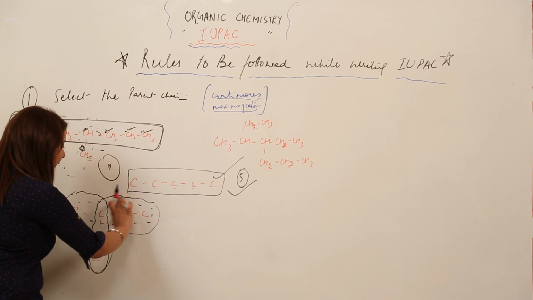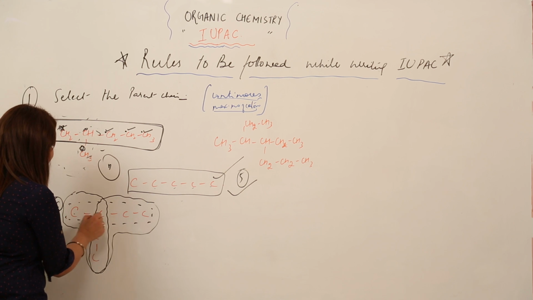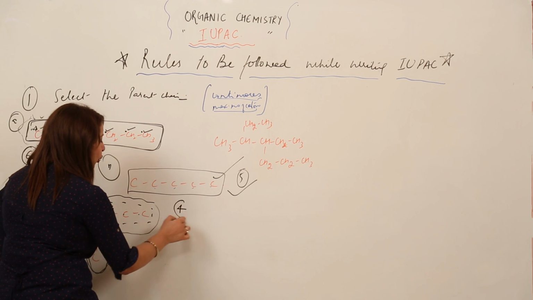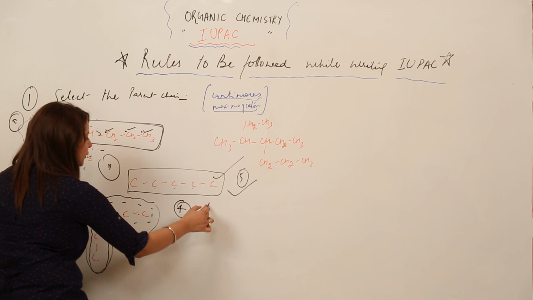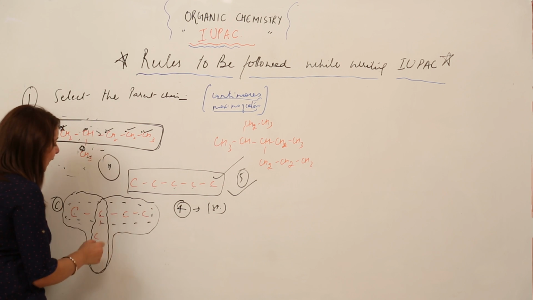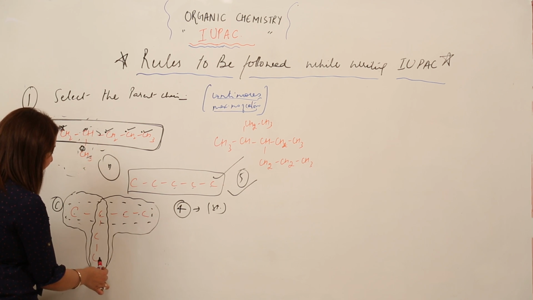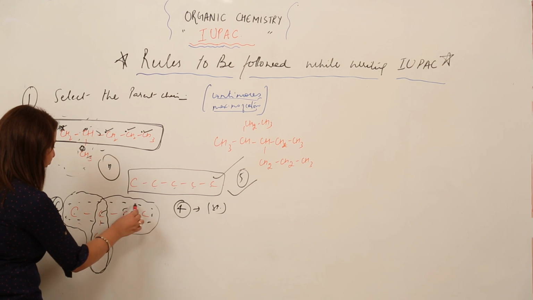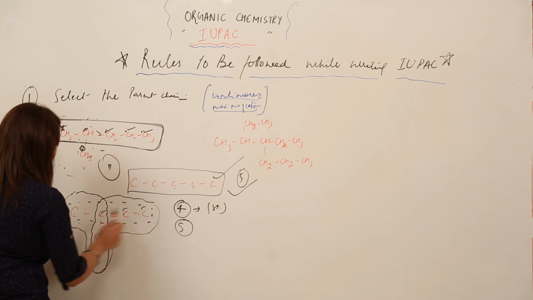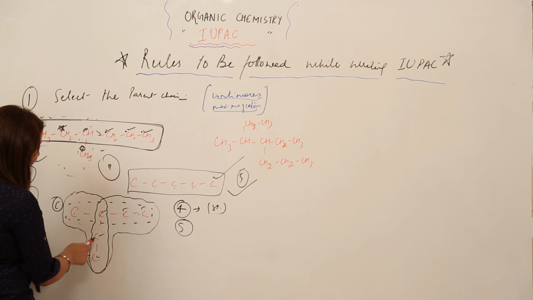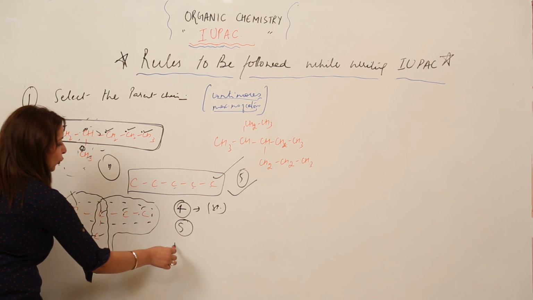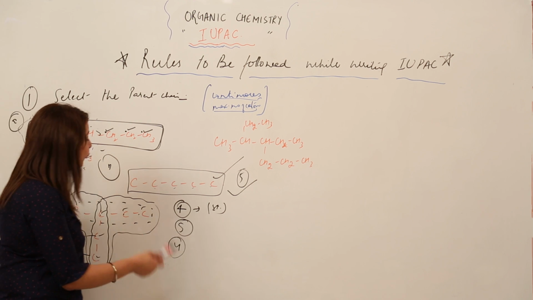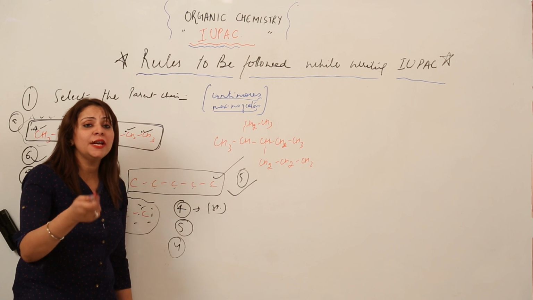When I was selecting a straight chain, it included 1, 2, 3, 4, that is 4 carbon atoms, right? And when I selected this chain, how many carbon atoms were included? 1, 2, 3, 4 and 5. And when I selected this chain, then 1, 2, 3 and 4. So that means 4, 4 and 5. So which chain will be preferred?